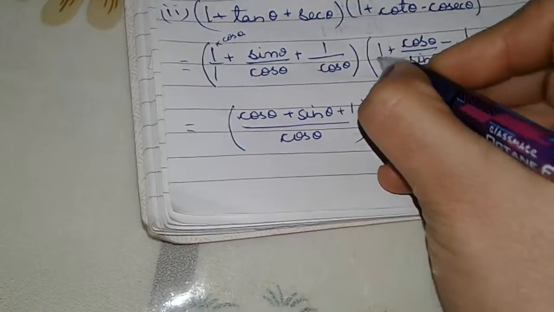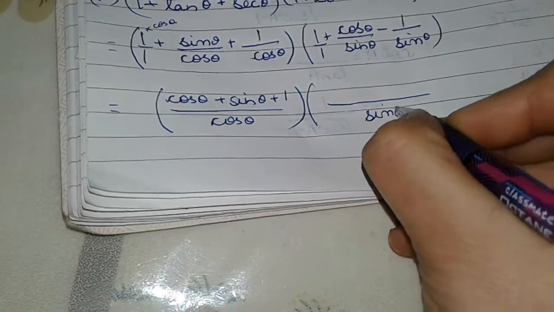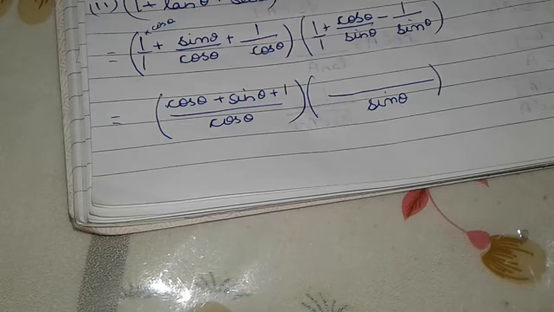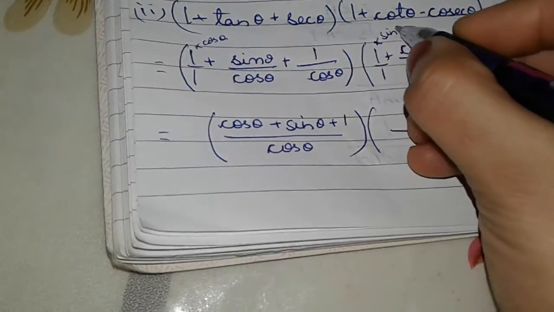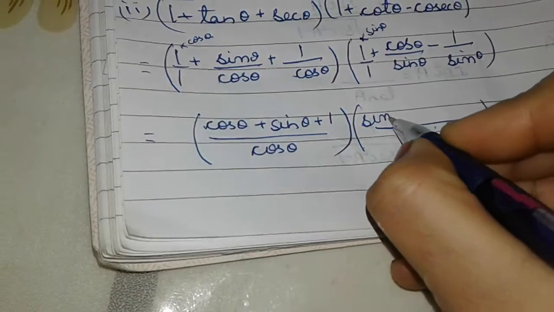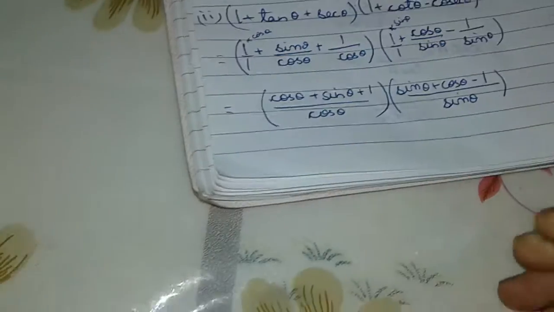Now again here we will take the LCM. The LCM here will be sin theta. Here it will be multiplied by sin theta. Here it will be sin theta plus cos theta minus 1.